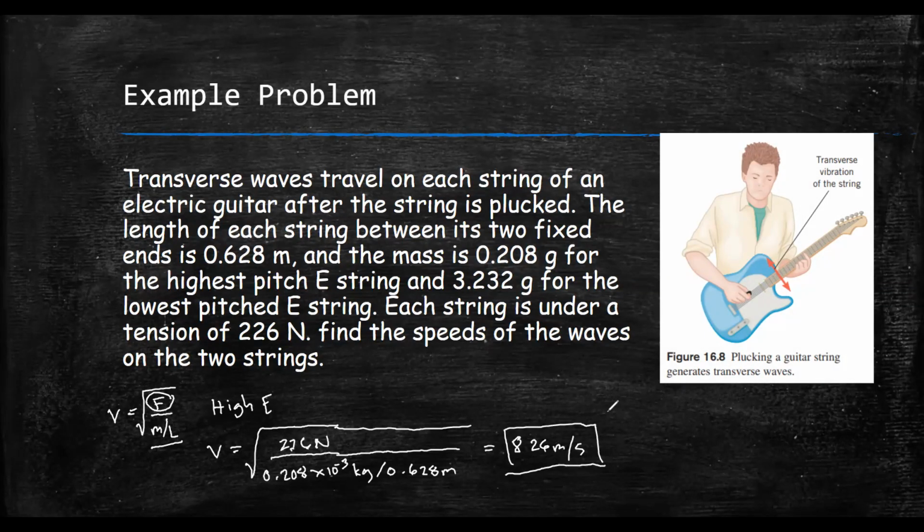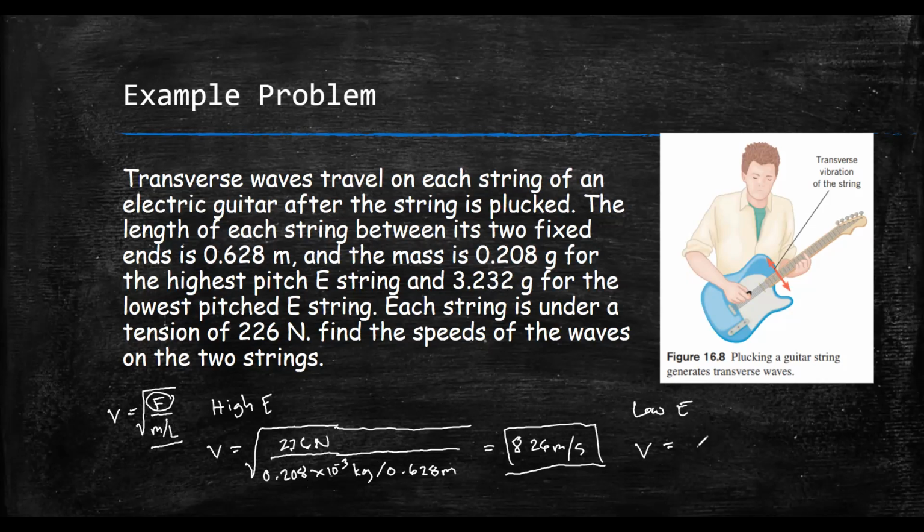Now, for the low pitch E, using the same formula, we're just going to change the value of the mass. Instead of 0.208 gram, we use 3.232 grams.